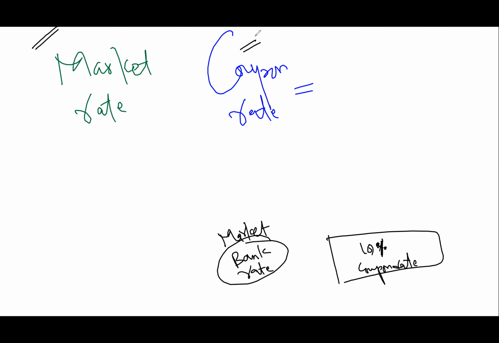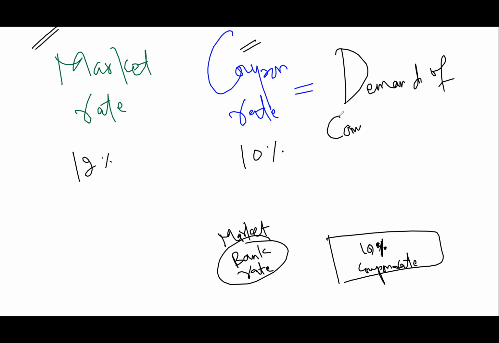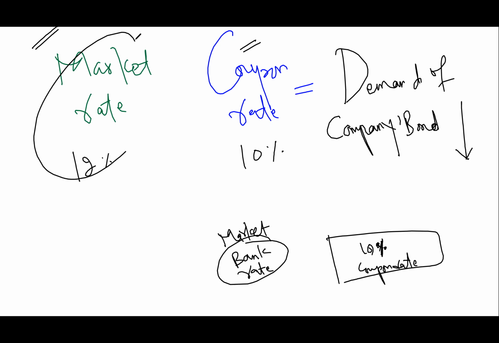So if the market is giving you 12% and the company is giving you 10%, what is the demand for the company's bond? Demand for the company bond will decrease. Demand for the market rate is going to increase.